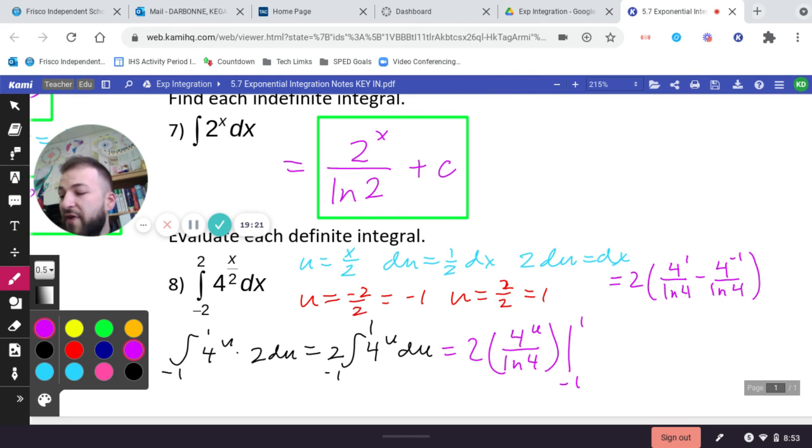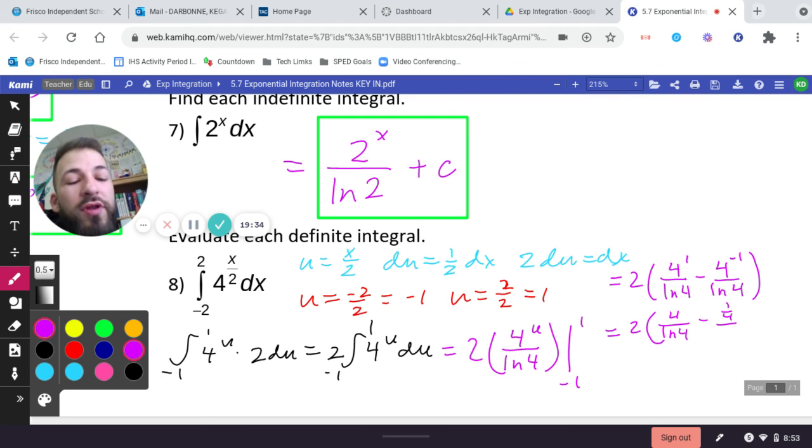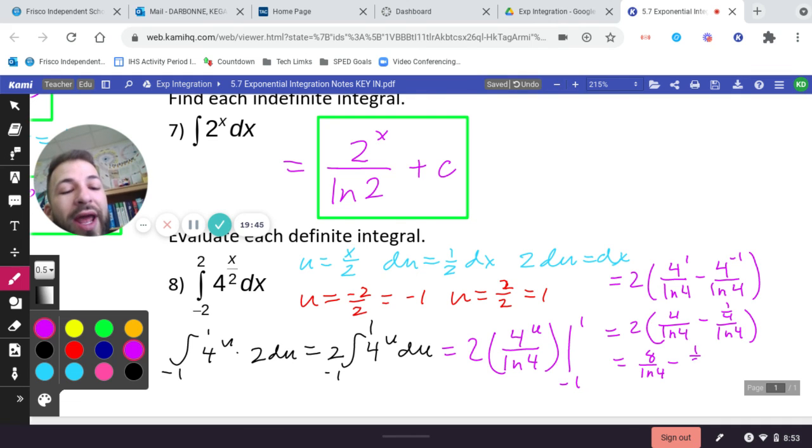Okay, so if I wanted to, I can change this 4 to the negative 1 to be 1/4. So this is equal to 2 times the quantity 4 over natural log of 4 minus 1/4 over natural log of 4. Okay, then I can distribute in that 2, so that gives me 8 over natural log of 4 minus 1/2 over natural log of 4.